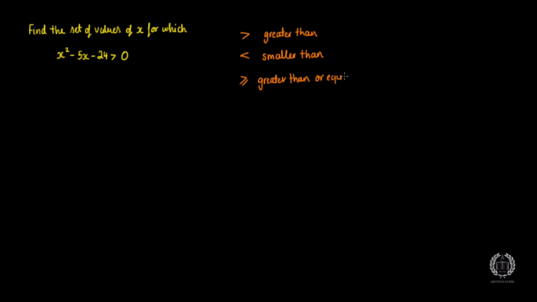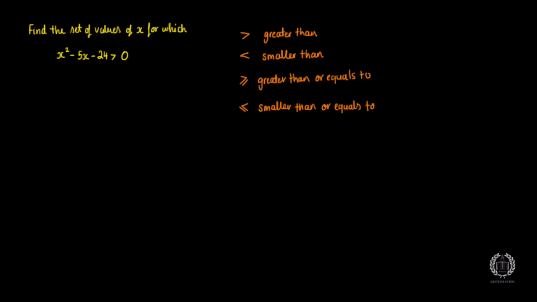The line underneath just basically means equals to. And then you have the other one with a line on the bottom, which means smaller than or equals to. Okay, so these are very important to know.